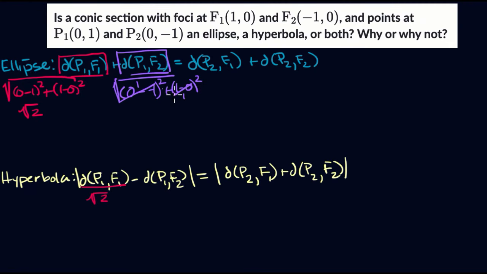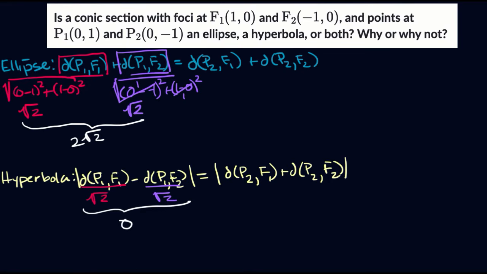Well, 1 squared plus 1 squared is just 2. And so this is, once again, going to be the square root of 2. So the left-hand side over here has added up to 2 times the square root of 2. And in this situation down here, the absolute value of the difference over here is just going to be 0.